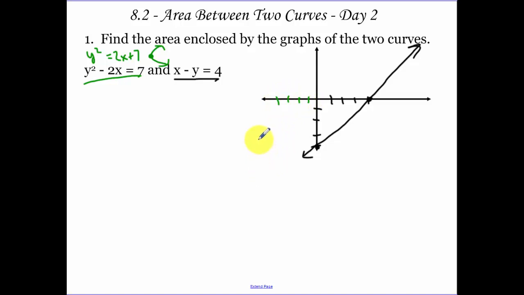If I factor out the 2, that's 7/2. So the vertex is negative 7/2, which is negative 3.5, 0. And that's what that curve looks like.